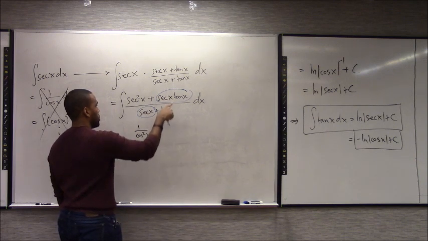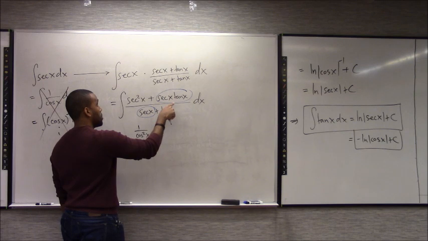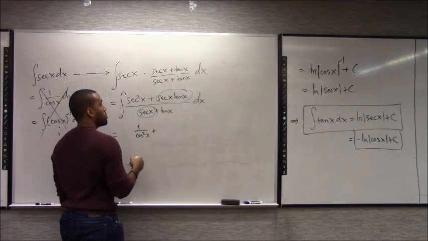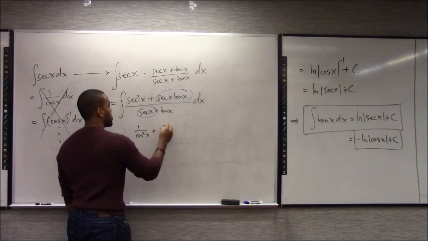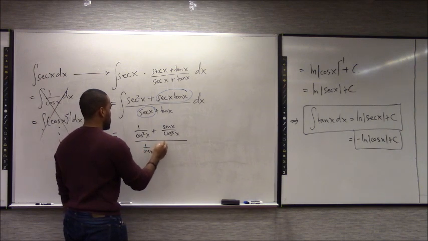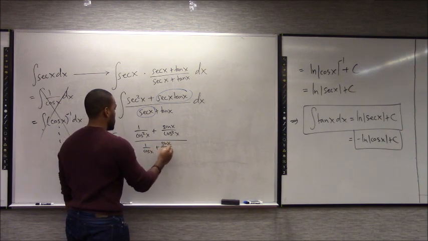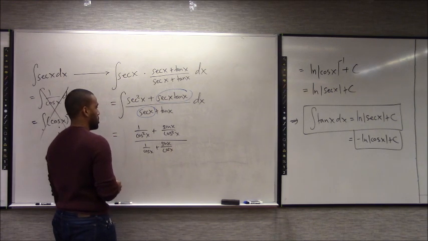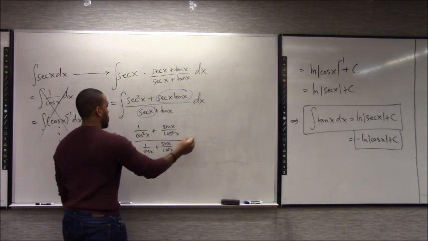Secant x tangent x equals 1 plus sine x over cosine squared x. And the denominator would be 1 over cosine plus, there's another one, like 1 plus sine x. Oh, never mind.